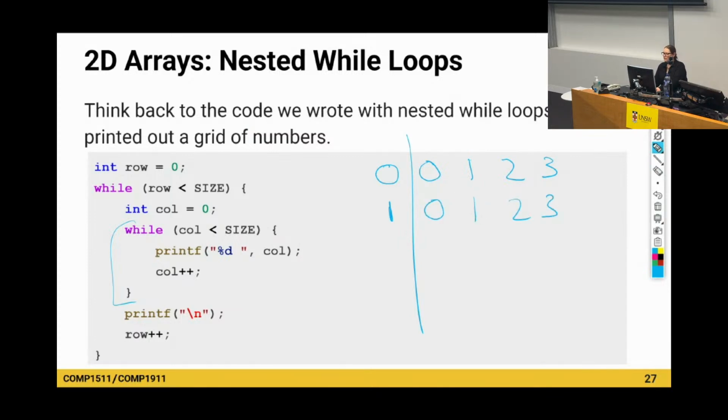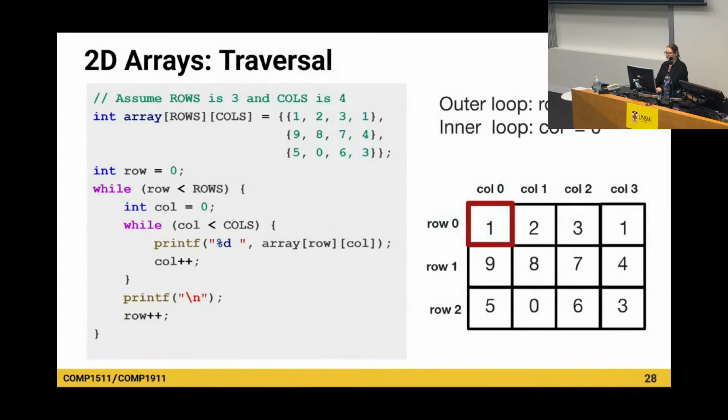We increment our row again and we go through this again. So we did something like this that just prints numbers out on the screen. If we actually change this and access our array at index row, col, then we're doing a two-dimensional array traversal. And I'll go through this in much more detail.